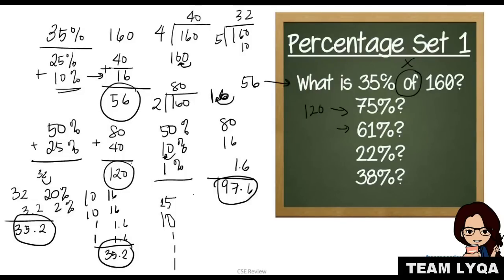So, 25% is 40, and then 10% is 16, 1% is 1.6, 1.6, 1.6. So you have 6, 12, 18, 0.8, and then carry mo yung isa, so you have 60.8. So 60.8 yung 38%.